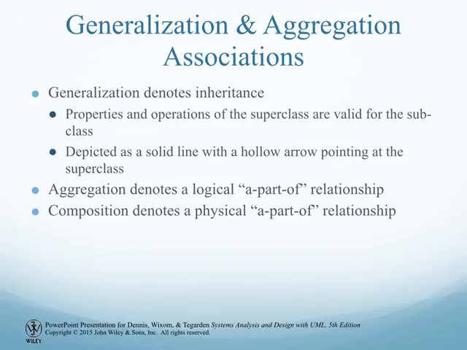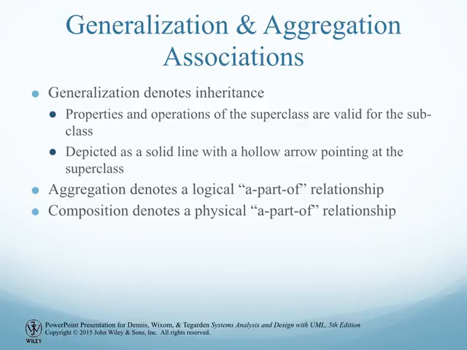So getting to the more specific kinds of relationships, generalization and aggregation. Generalization really does denote inheritance, implements, extends, those kinds of keywords in programming languages. It's saying that the properties and operations of the superclass, the parent, are inherited by the subclass.